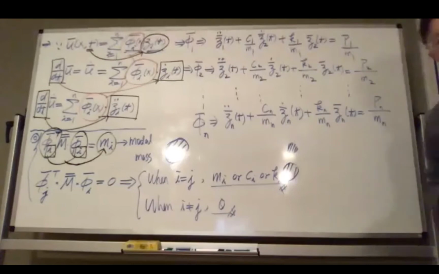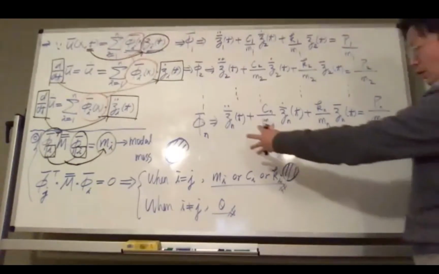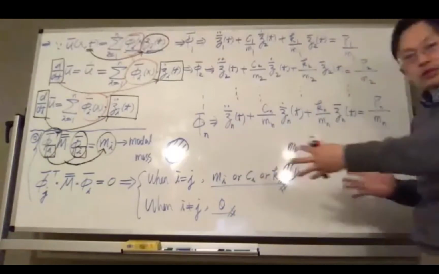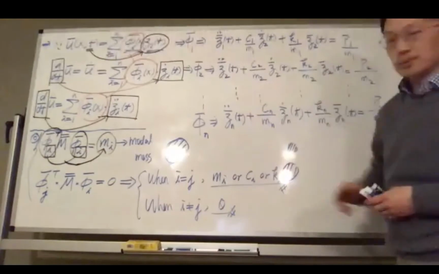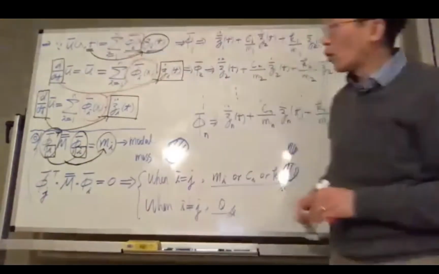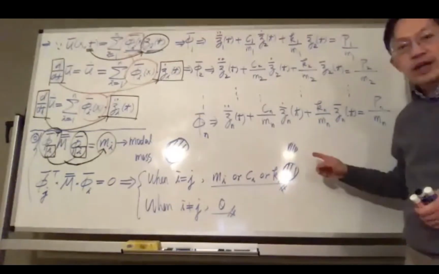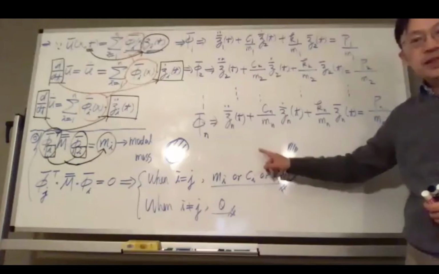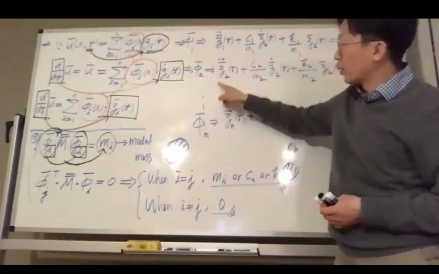Now, by using modal orthogonality, the original whole big chunk of the n by n matrix can be decomposed into this. So the power of this definition goes all the way to the very core of simplifying the n by n governing equation into n sets of single degree of freedom systems.